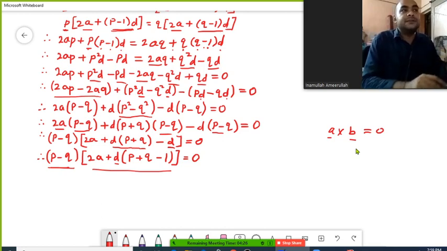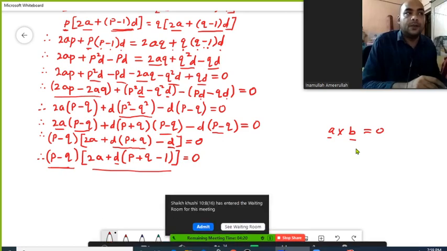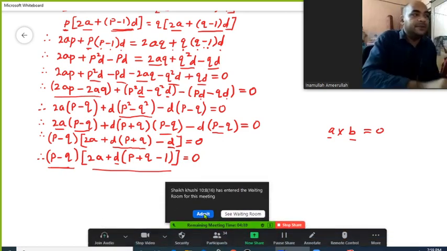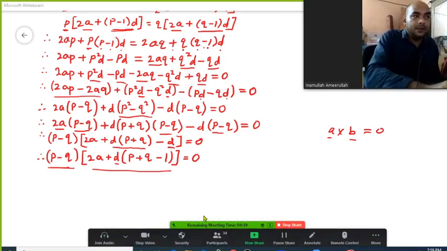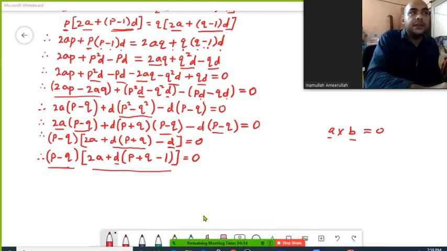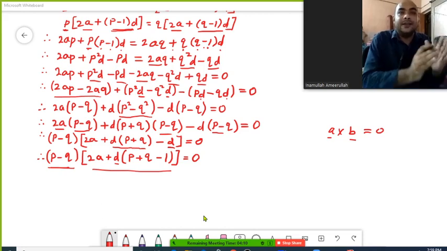Which means at least one of them is 0. Then only the product will be 0. Am I correct? If I am saying a into b equals 0, here I am trying to say that at least any one of a and b is 0. Then only, when you multiply them, you will get 0.